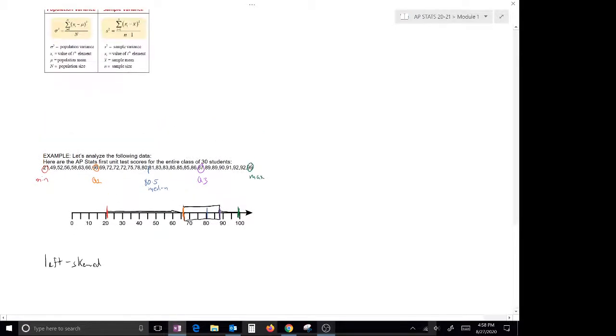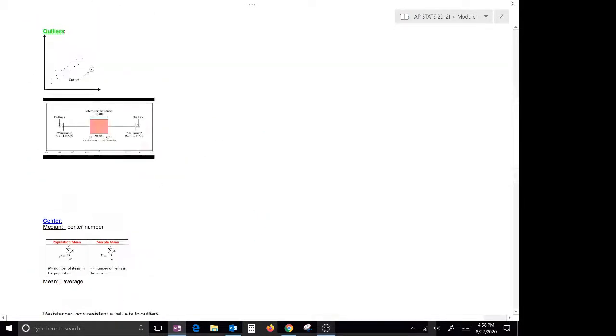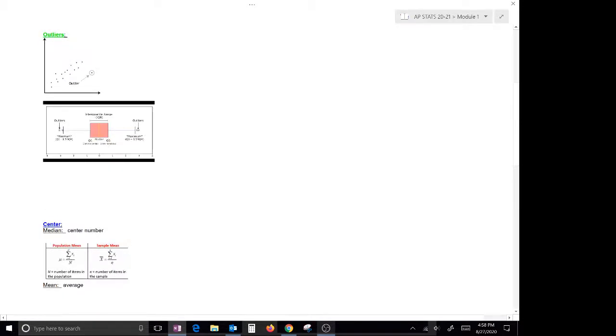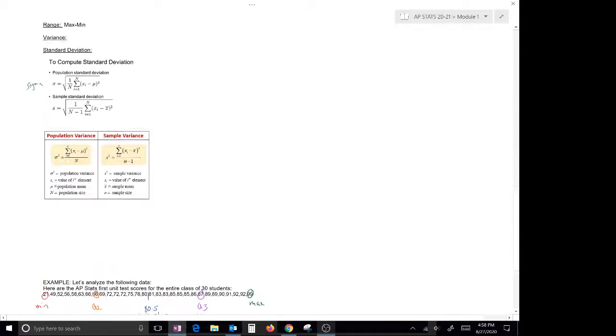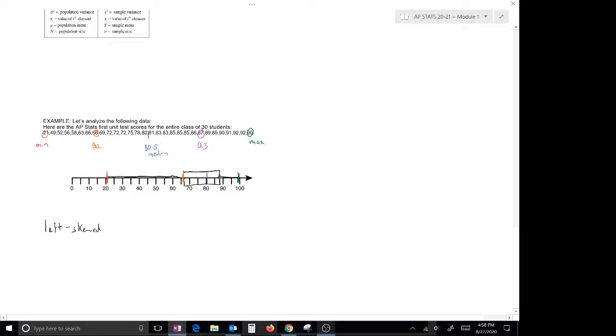Outliers. So I mentioned before this 1.5 IQR. Well, IQR is interquartile range. So our interquartile range is the difference between our first quartile and our third quartile. In this case, our interquartile range would be 87 minus 66, which gives us 21.